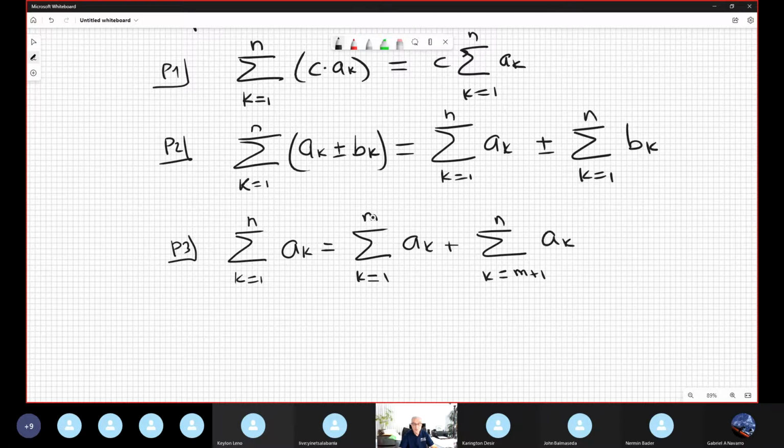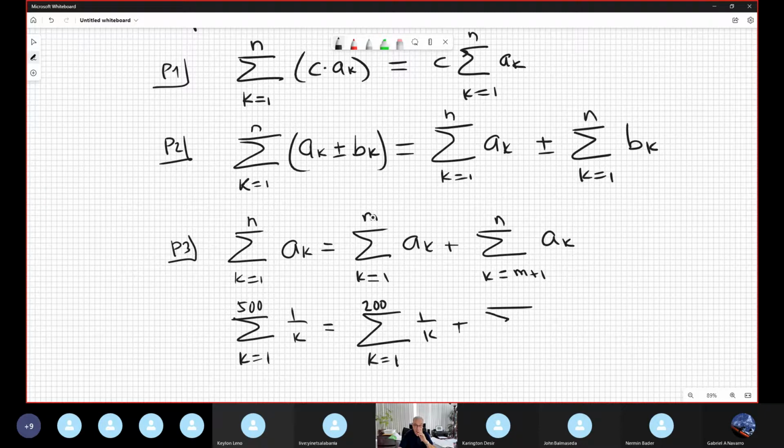One example: suppose we need to compute the summation from k equal 1 to 500 of 1 over k. We can separate it like that: k equal 1 to maybe 200, 300, or 400 of 1 over k, plus another summation that starts at 201 to 500. Is it clear, right?